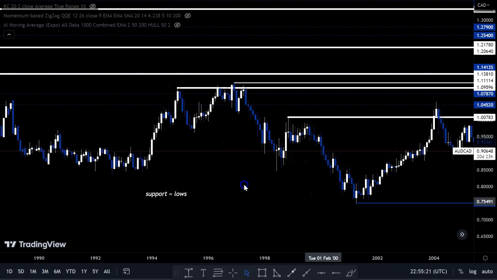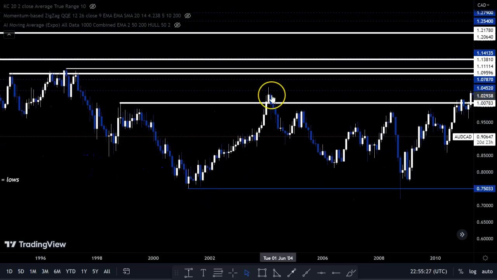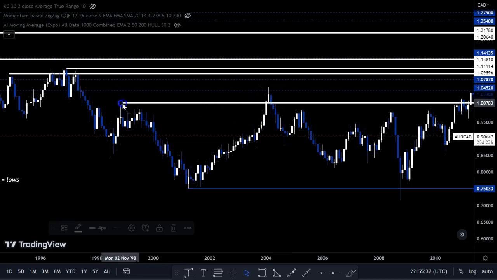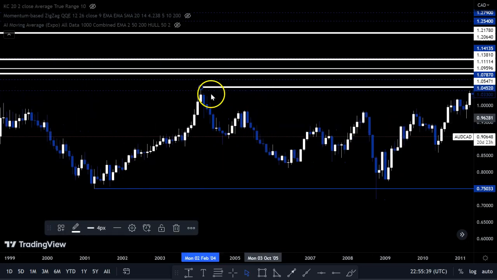So you see, support now supported price and bulldozed this one, breaking this one, therefore forming a new resistance here. And this resistance broke down and pushed the price down, formed the support over here.